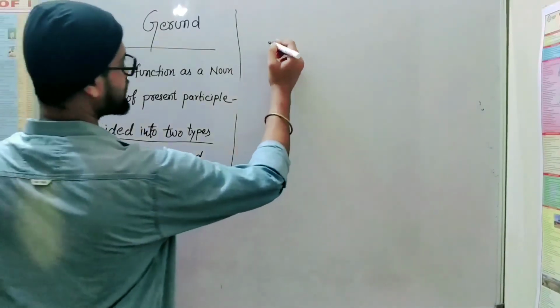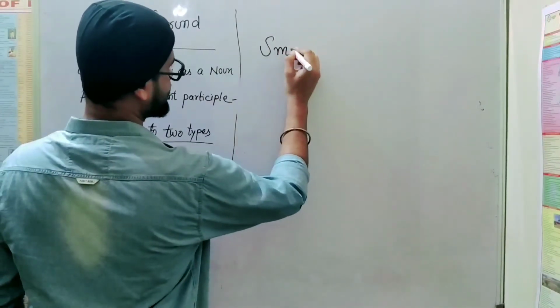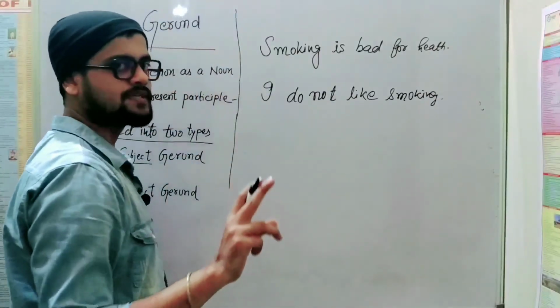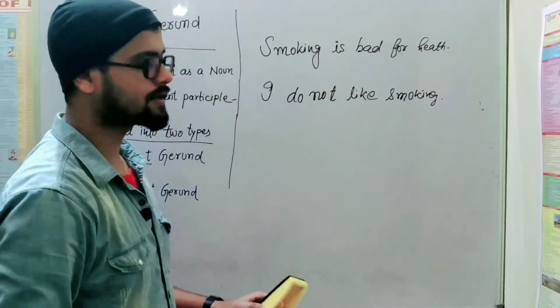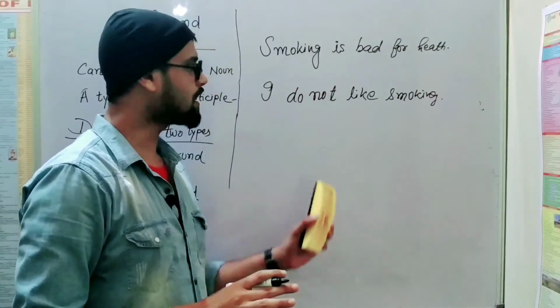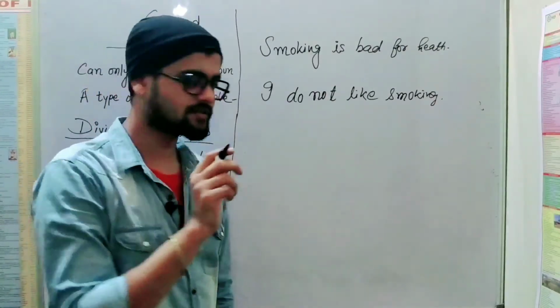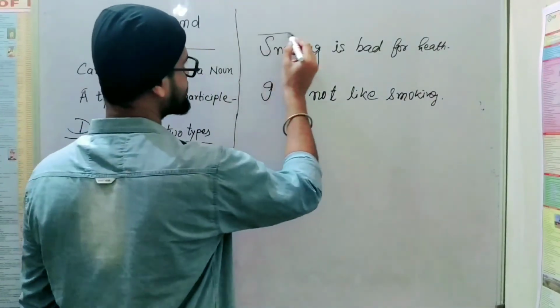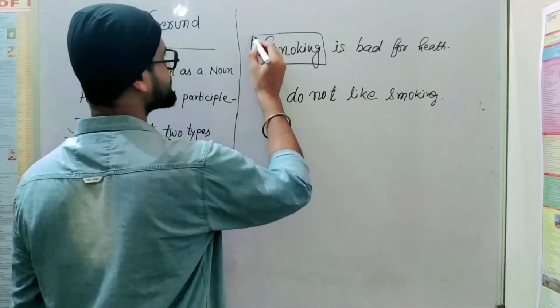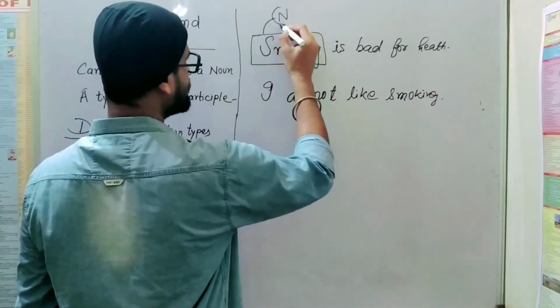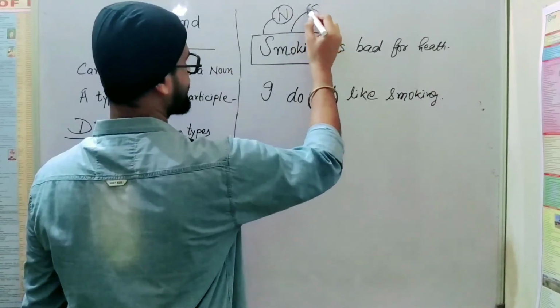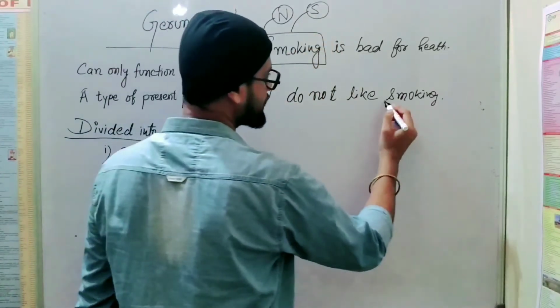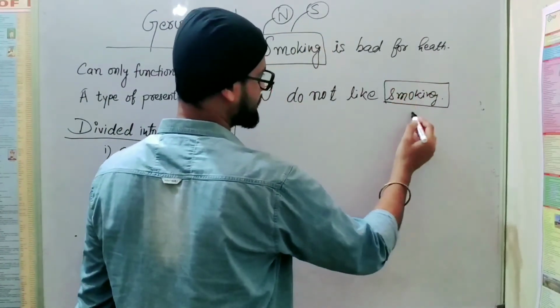See, the example should be smoking. So we have two sentences here. Number one, smoking is bad for health. Number two, I do not like smoking. In the first sentence, you can see this is acting as your subject. This is basically your noun and your subject, correct? And I do not like smoking here. This is your object.